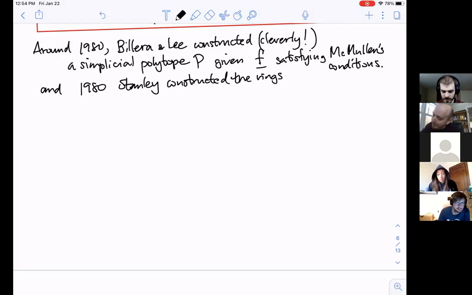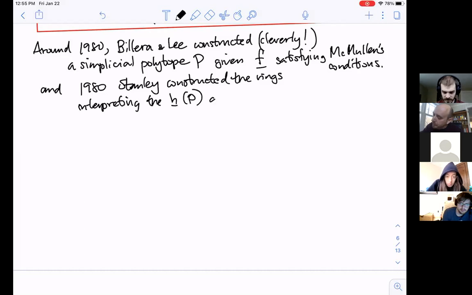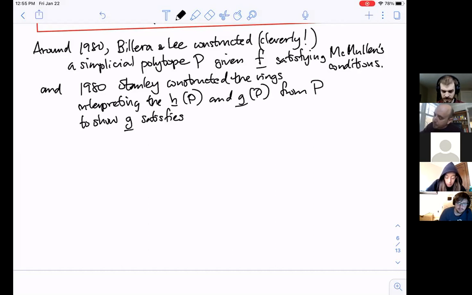Okay, so actually he constructed the rings that interpret the H vector and the G vector, from the simplicial polytope, to show that they satisfy, to show G satisfies McMullen's conditions.